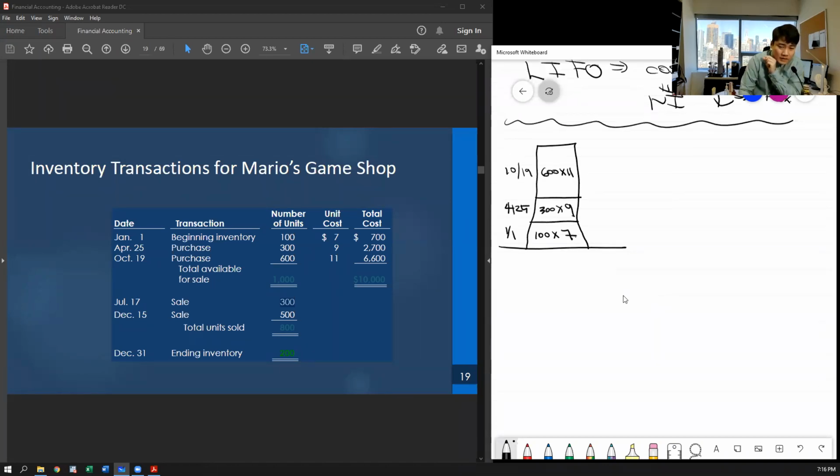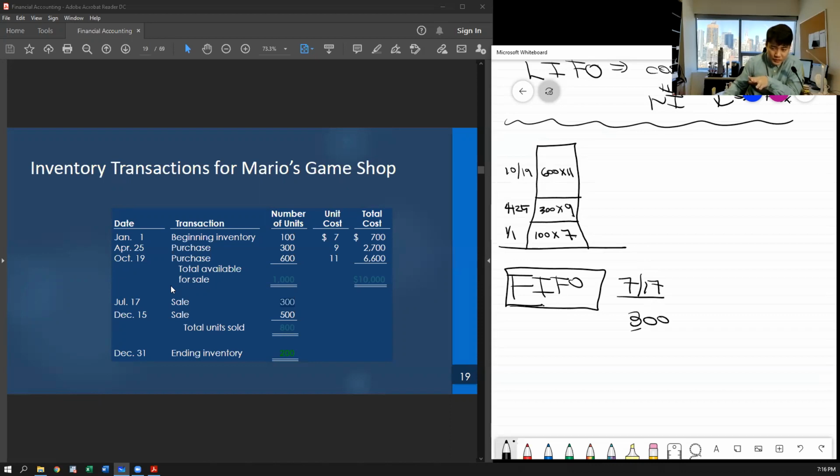Now, for July 17th, let's first assume that the company adopts the FIFO approach. That's the first case. If the company adopts the FIFO approach, that means on July 17th you are using your 300 units, and those 300 units will come from this 100 units.